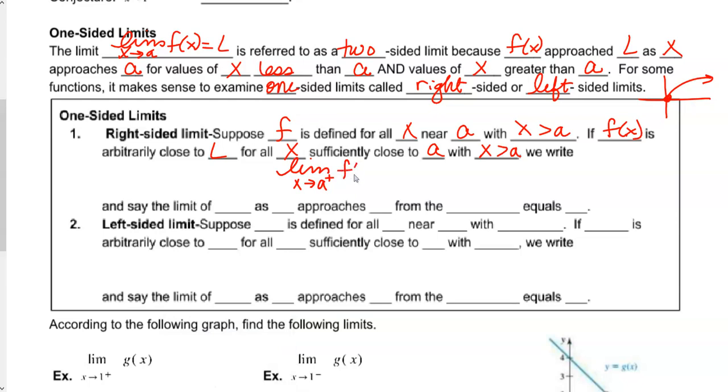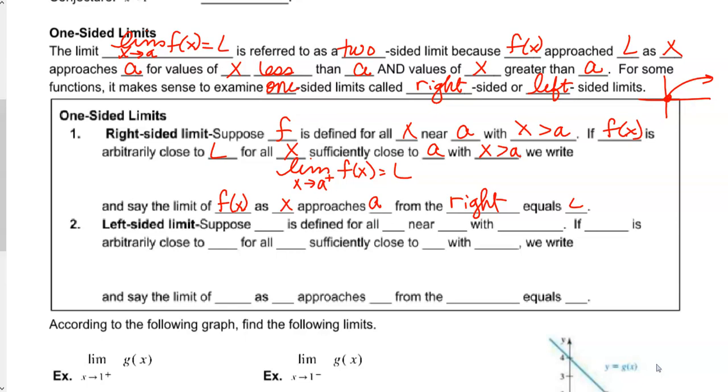That's what makes it a little bit different. And that symbolizes that we're coming from the right, on the positive side of a. And we say that the limit of f of x as x approaches a from the right equals L. Okay, just some terminology there.